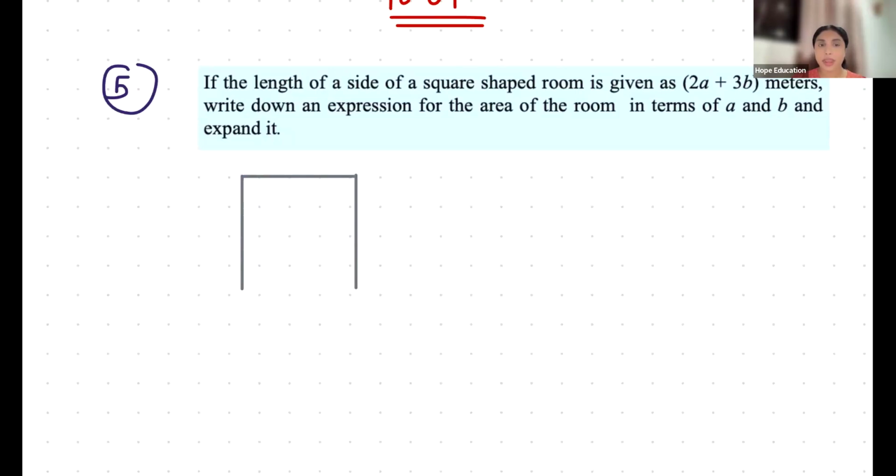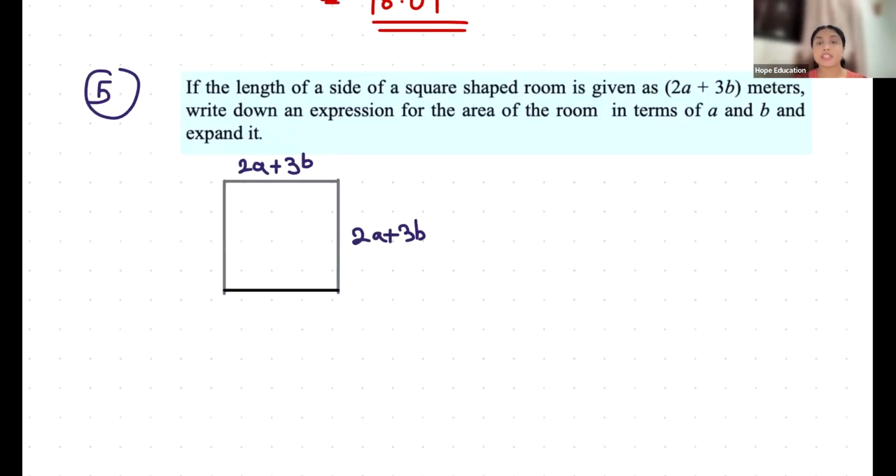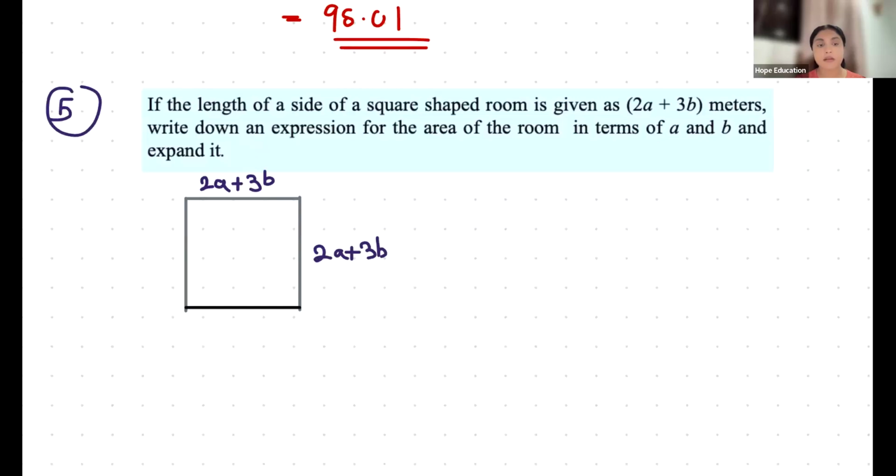So let's assume this is a square. It doesn't really look like a square, but it's all imagination. If the length of a side of a square-shaped room is given as 2a plus 3b, again, a side is 2a plus 3b. This is also 2a plus 3b. Write down an expression for the area of the room in terms of a and b.